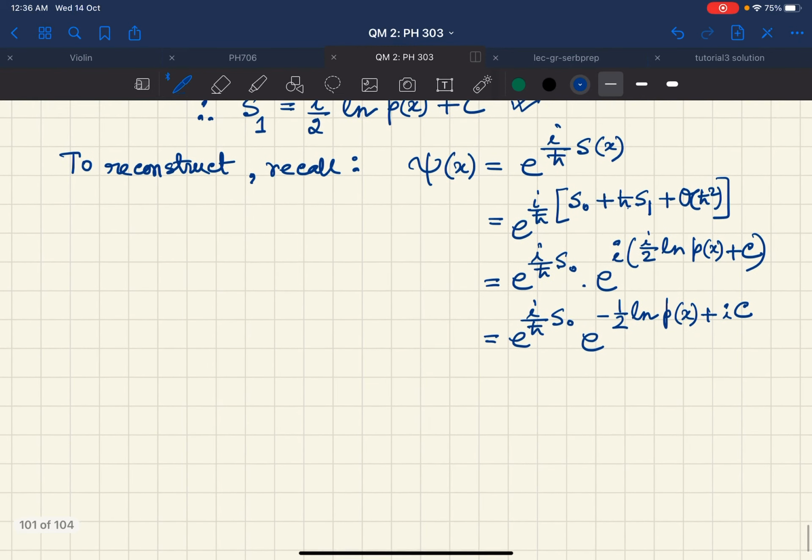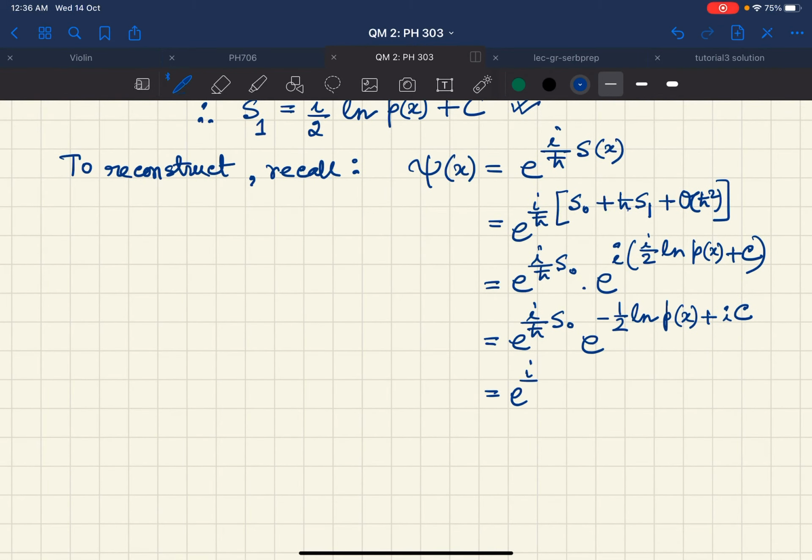So this can be written as e to the i by h bar S0 into e to the minus log square root of p(x) into e to the power some constant, say c bar.